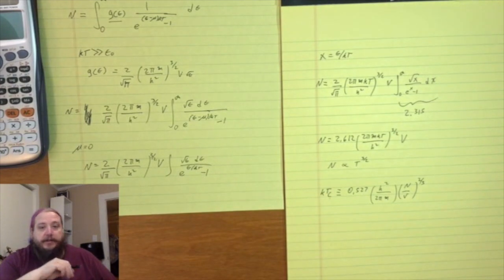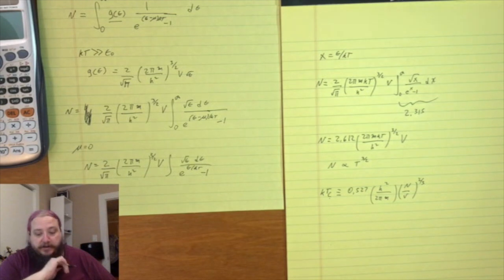So why does this break? What happens just above and just below the condensation temperature?